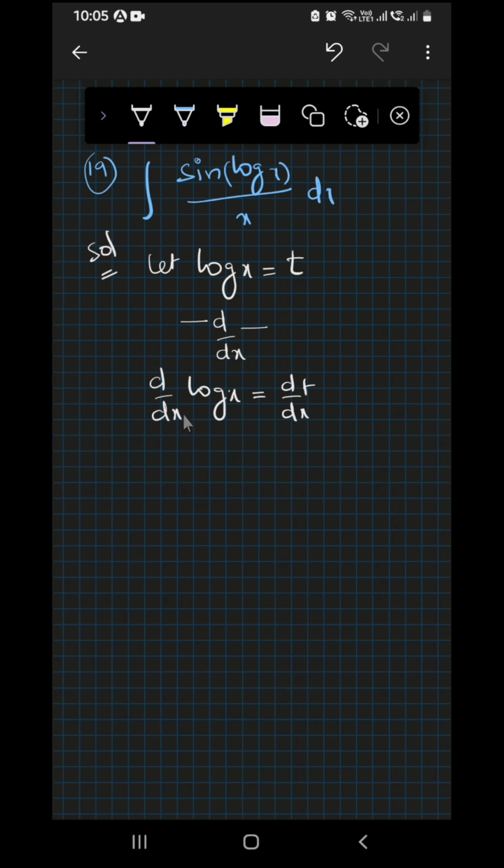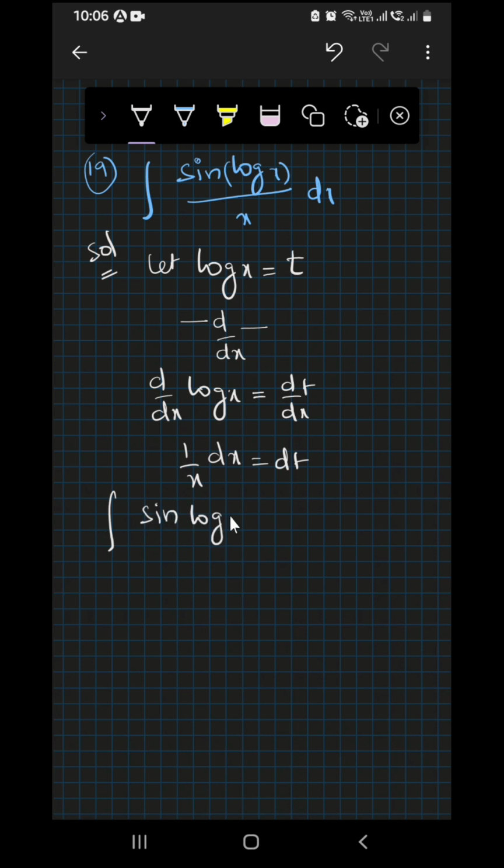D by dx of log x is equal to 1 by x, taking dx this side, dx by x is equal to dt. And sine of log x is equal to sine t.